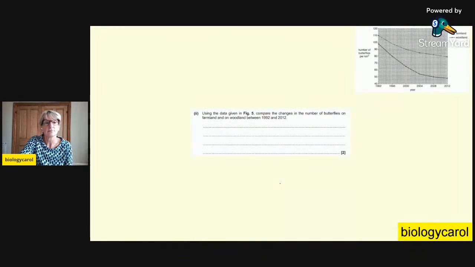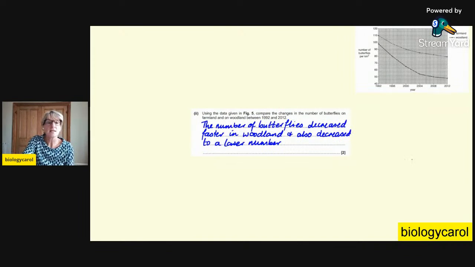Using the data given in figure 5, compare the changes in the number of butterflies on farmland and woodland between 1992 and 2012. It's a 2-mark question. We're looking for 2 comparisons to be made. Notice it's comparisons. You need to be using comparison words. Bigger, faster, slower, whatever. So the number of butterflies decreased faster in woodland.